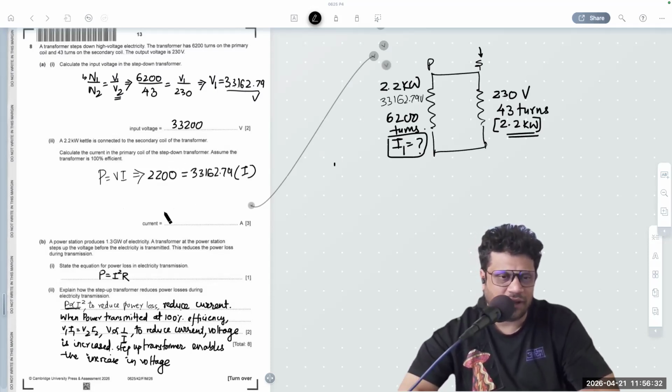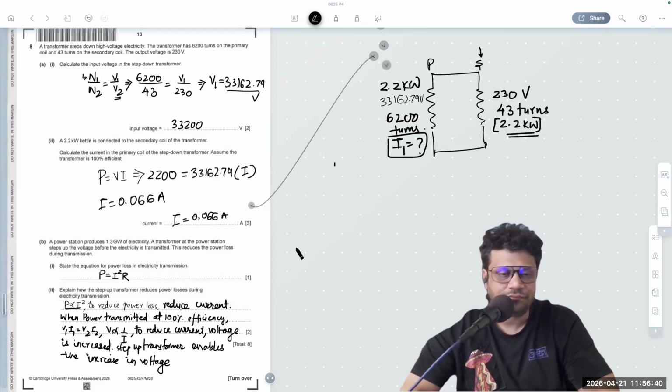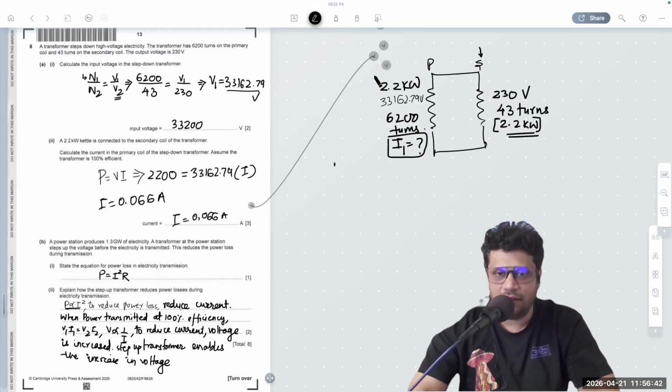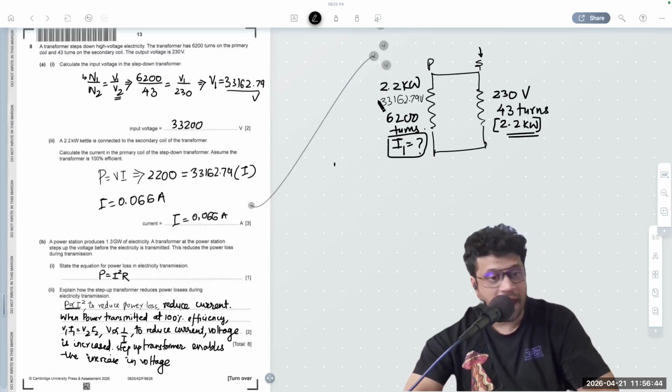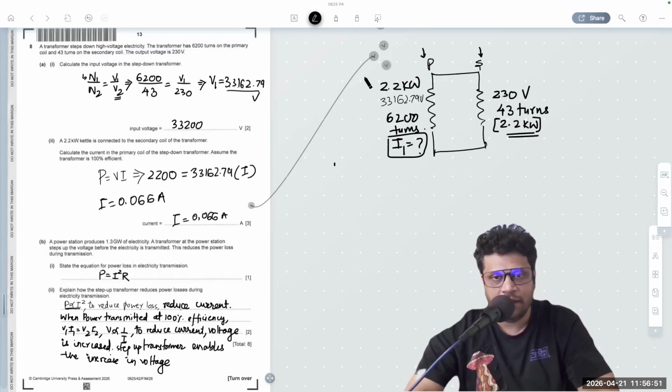When you do it, it comes out to be about 0.066 amperes, and that was the mistake. And like I told you, the most important thing for you to remember is that it's going to be the same power in the primary as it was in the secondary.